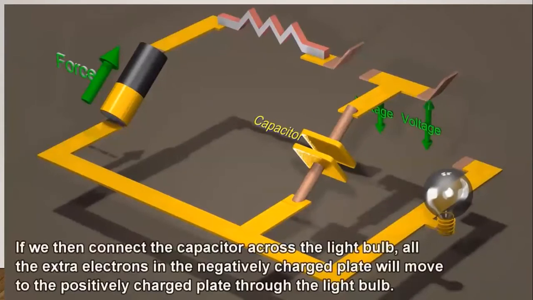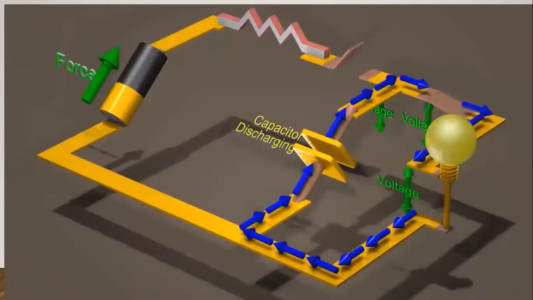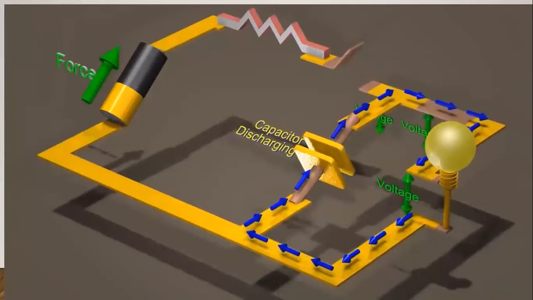If we then connect the capacitor across the light bulb, all the extra electrons in the negatively charged plate will move to the positively charged plate through the light bulb.